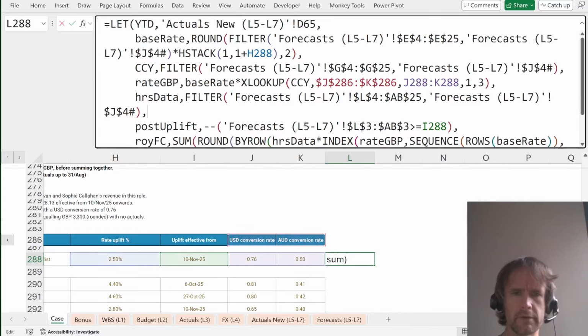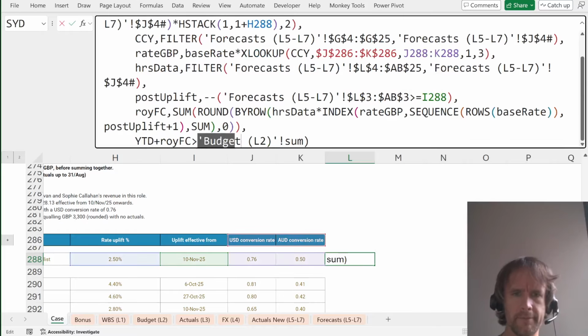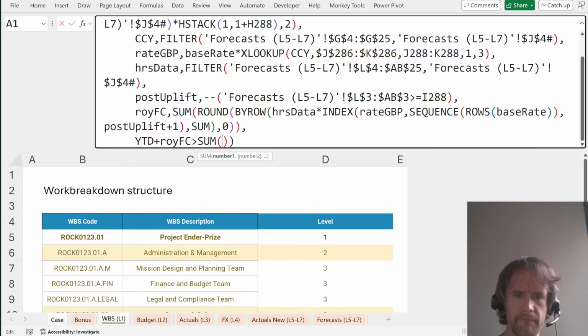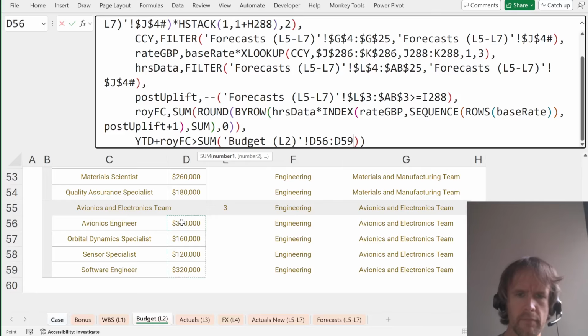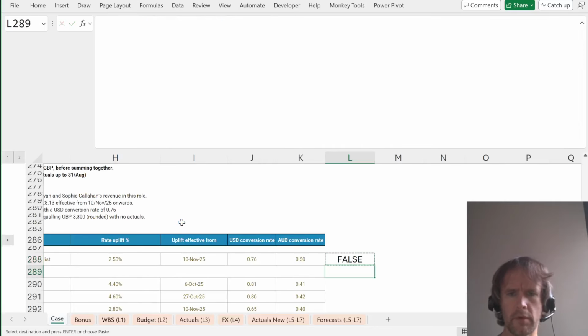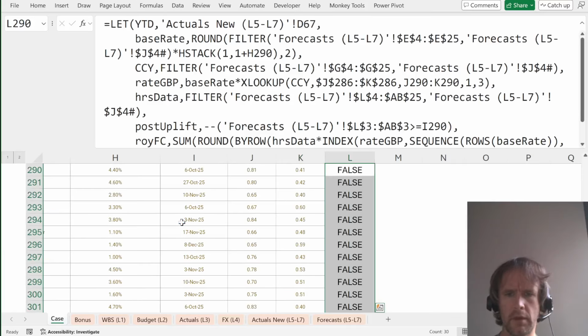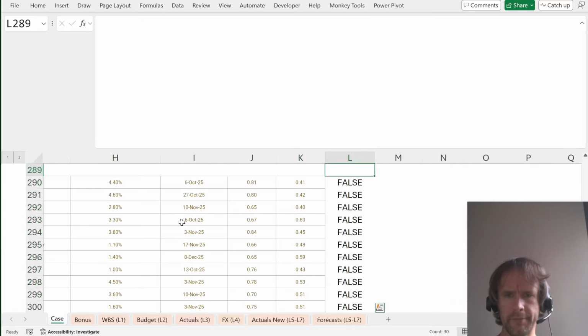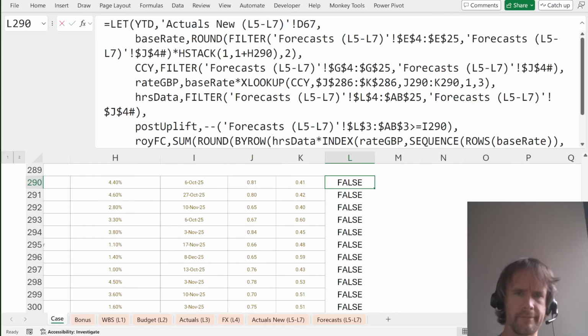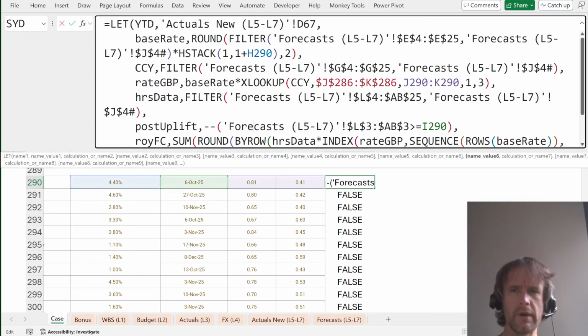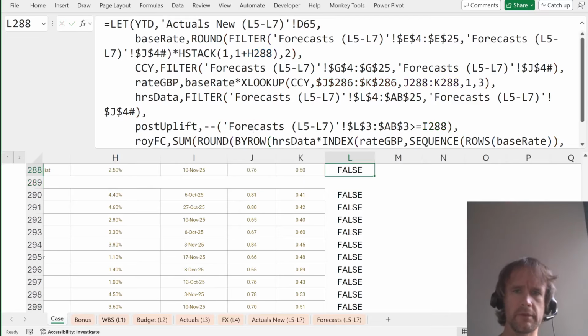Subtle. Oh dear, not a single one. Why? I did lock that, yes. Oh, I didn't lock the other one. Stupid.